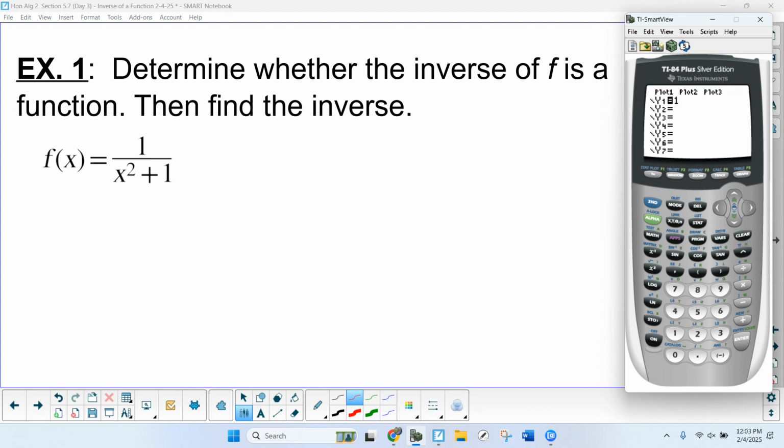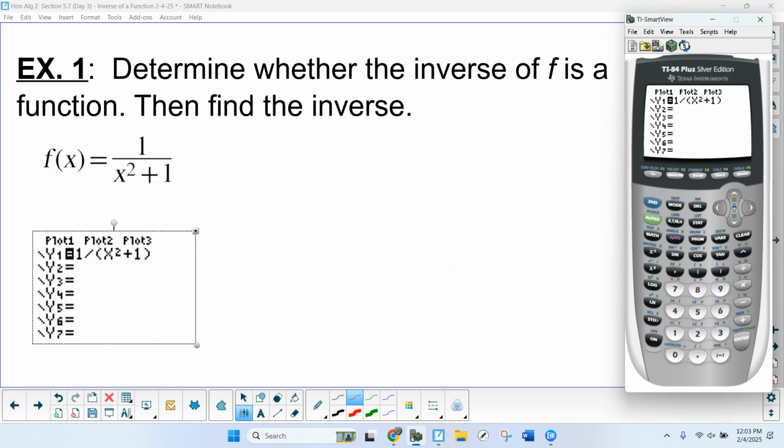The only thing I have to make sure I do when I divide, if you have an old school calculator, is that x squared plus 1 is in parentheses. Those of you who have the newer calculators, it puts it in the bottom of the fraction, so you're fine without parentheses. Okay? And then I'm going to do zoom 6.